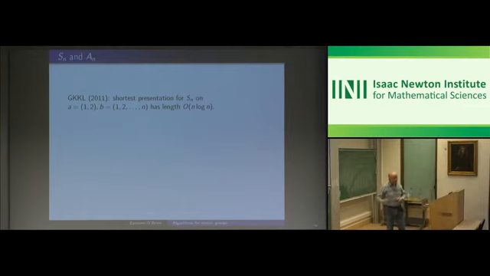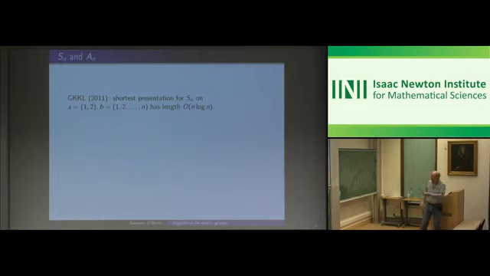One of the fundamental components which allows you to write down short presentations for groups of Lie type is the question of what kind of presentation you have for the Weyl group, be it S_n or A_n or signed permutations, whatever you're including. You need to care about what the type of presentation is and what the length of it is in terms of wanting to get an optimal result.